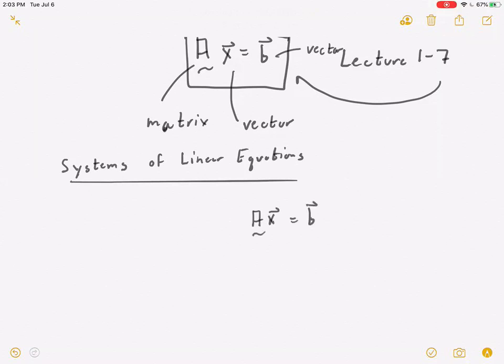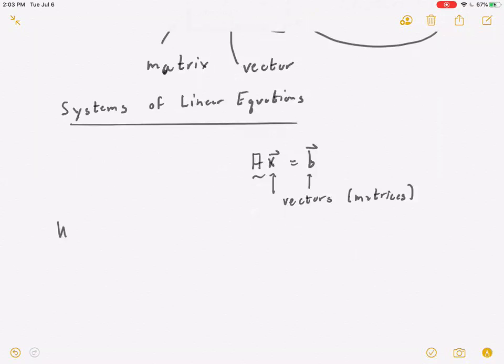Again, we saw last time that x and b are vectors, but all vectors are also matrices. It's not true that all matrices are vectors.